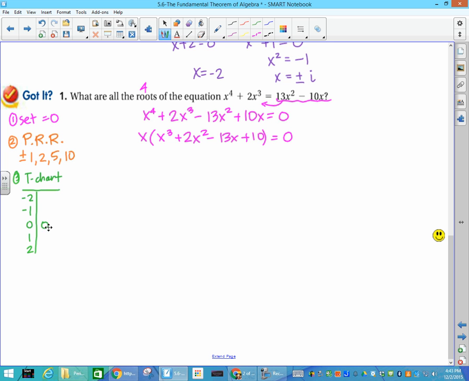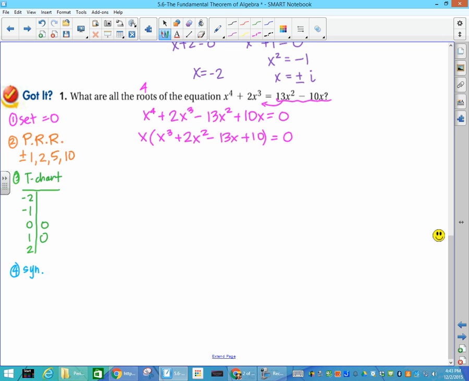So now put in 1, and remember that's 1 plus 2 is 3, and 3 minus 13 is -10, plus 10 is 0. So I have 1 as a root. It's a cubic, so I don't need to go past that. So the next step, of course, after our t-chart is synthetic division.